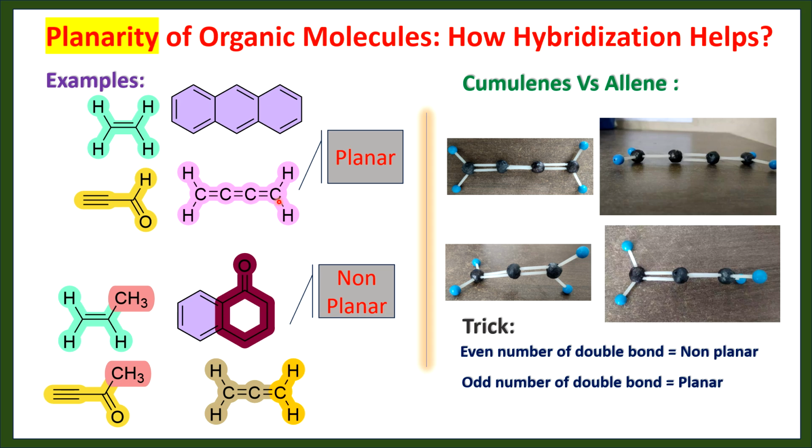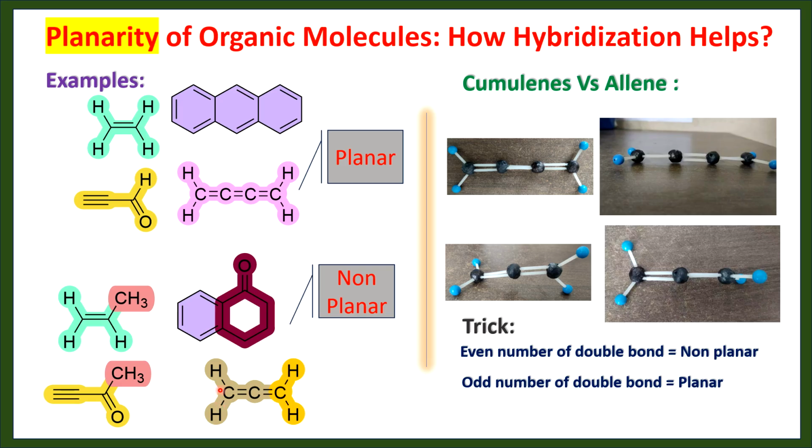No sp3 means planar. In this case one sp3, other sp2 is there, so non-planar. Sp3 means non-planar. These rings are aliphatic chain cycles, so sp3 carbon, non-planar.